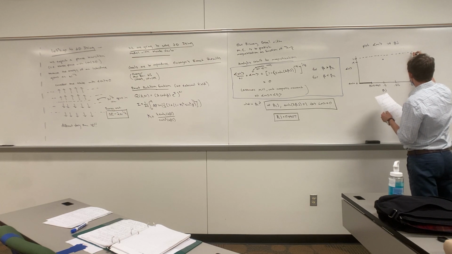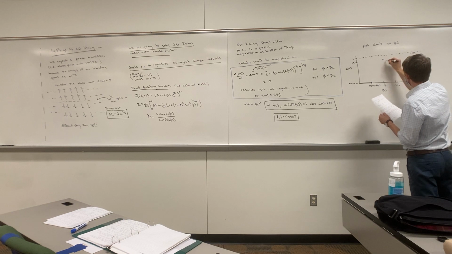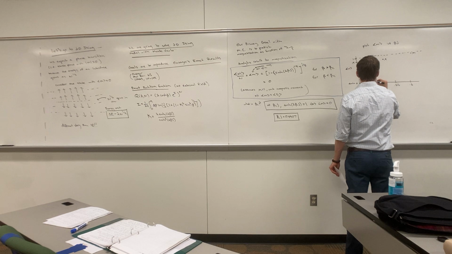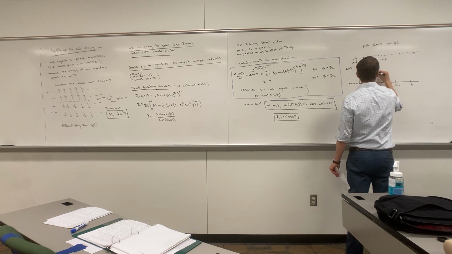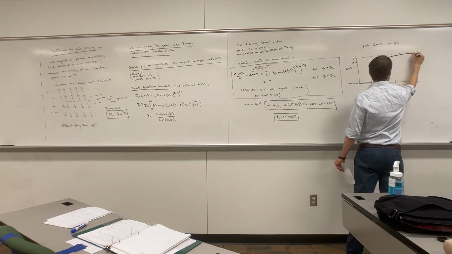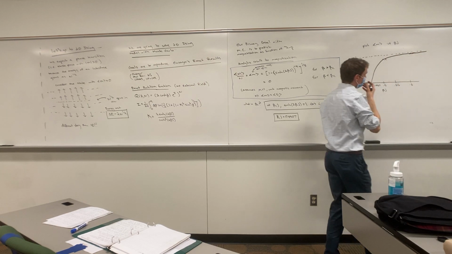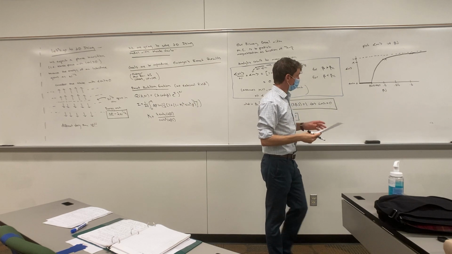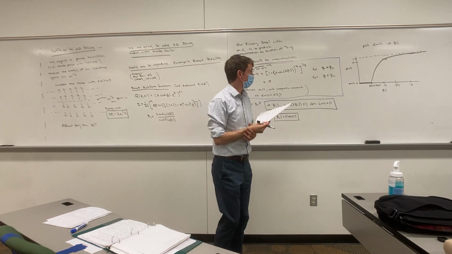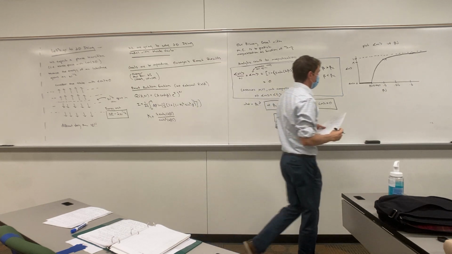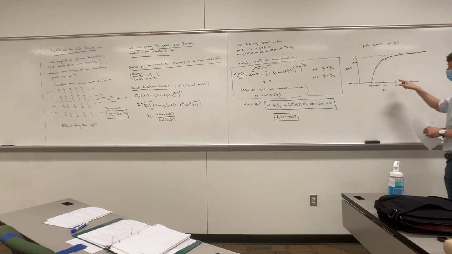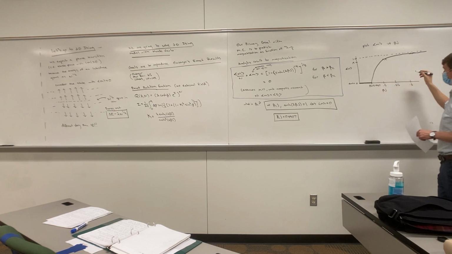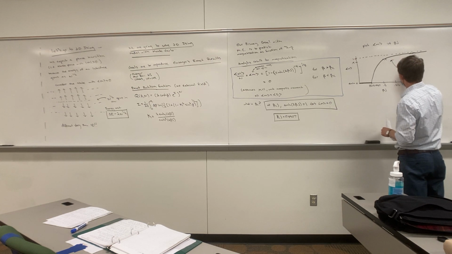So it rises really fast, goes like this, and asymptotes out. That's what it looks like. And so John's right that above this value of beta, we have spontaneous magnetization. All of this is spontaneous magnetization.